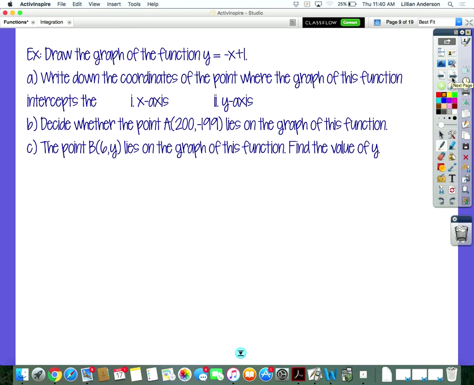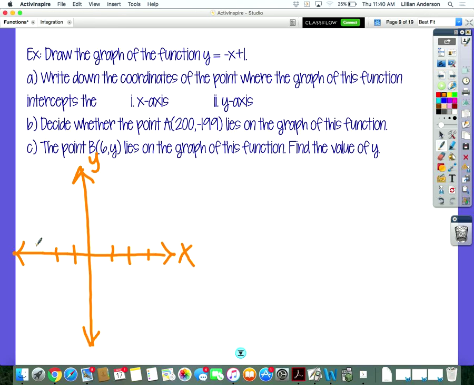Drawing graphs. All the way back to algebra 1. If you ever forgot how to graph something, what did your teacher tell you to do?